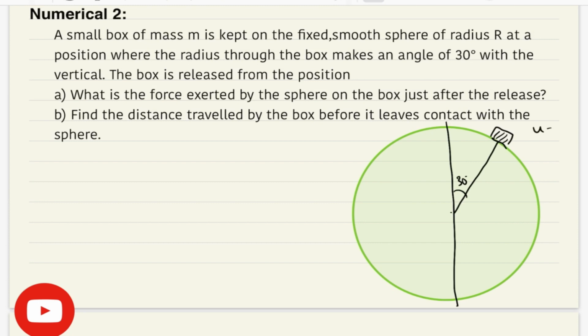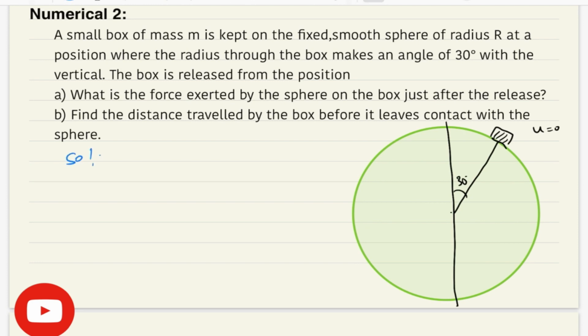It means that the speed here is 0 because the box is released. What is the force exerted by the sphere on the box just after the release? So just after the release, still we are considering the block is at rest. So it is not under the centripetal force, we can say, because just after the release is a situation when still the box has a velocity 0.